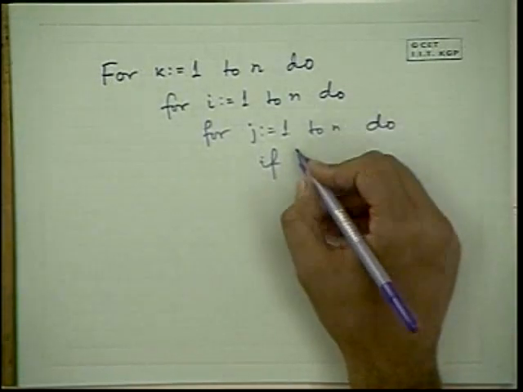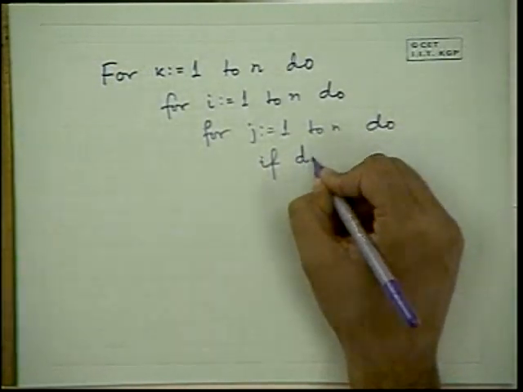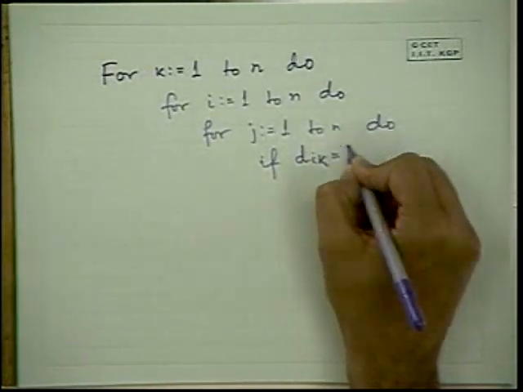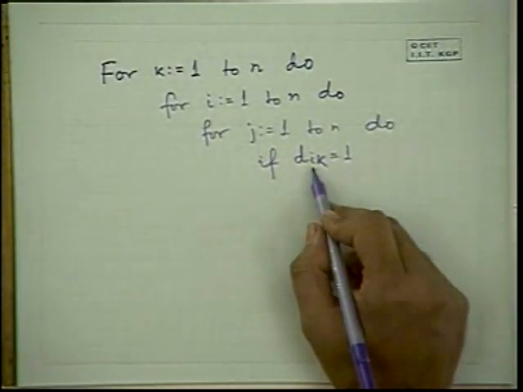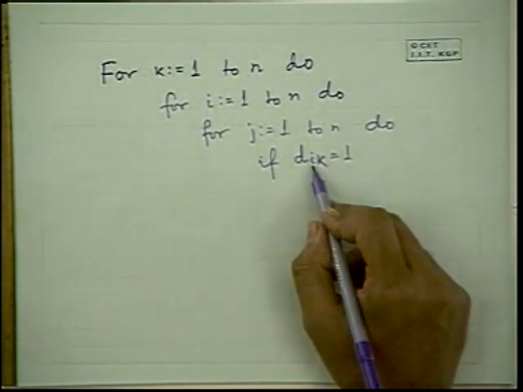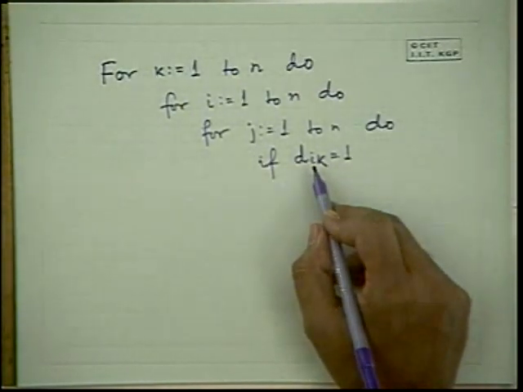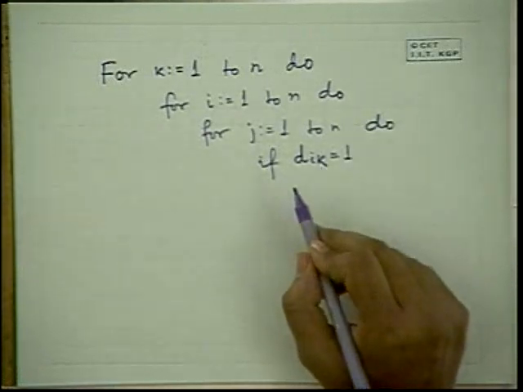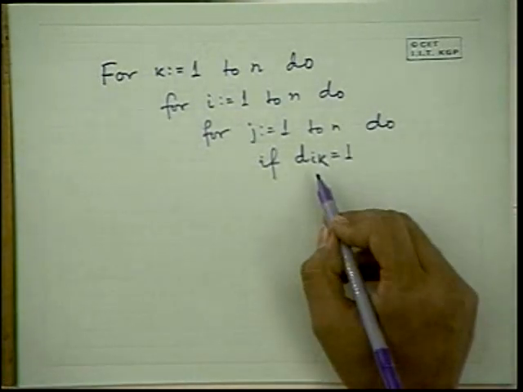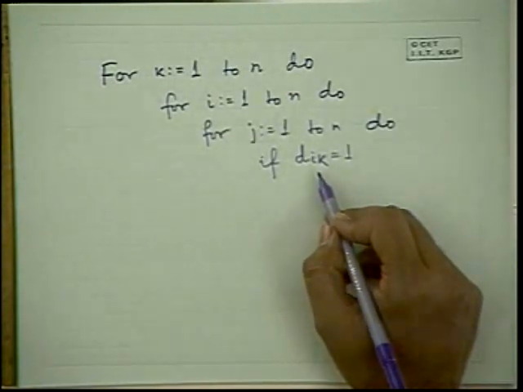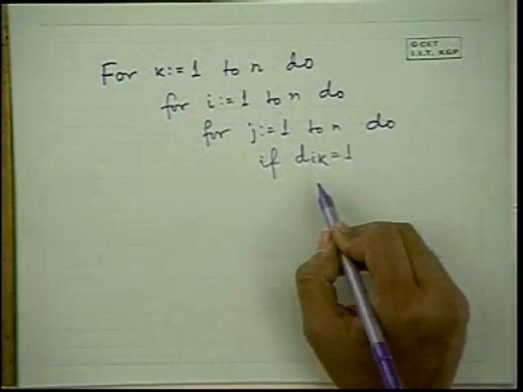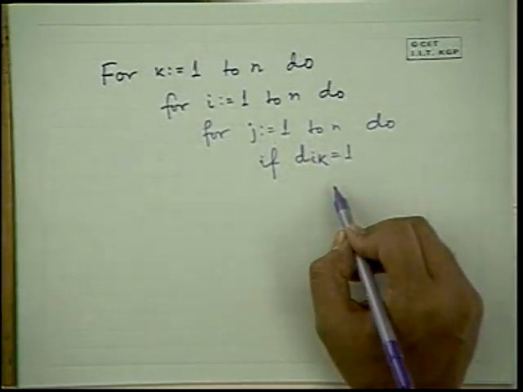So here you are checking if d_ik is equal to 1. What does it mean? The path between i and k, before this iteration, can have all the vertices less than or equal to k minus 1, and in this iteration you are allowed to have the vertex k.